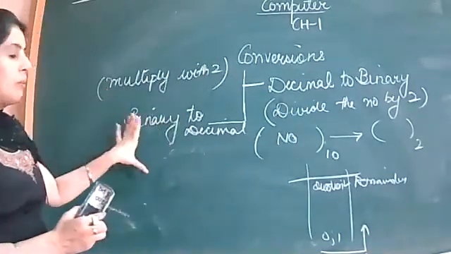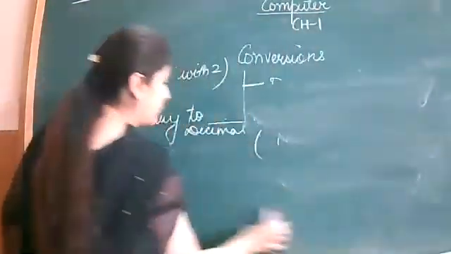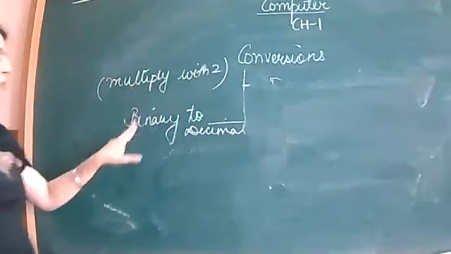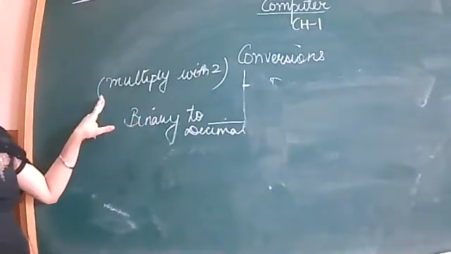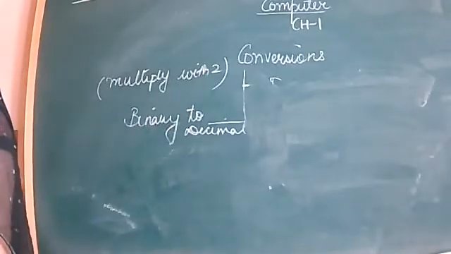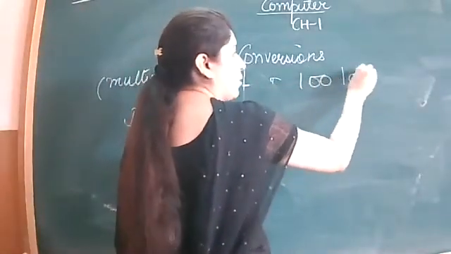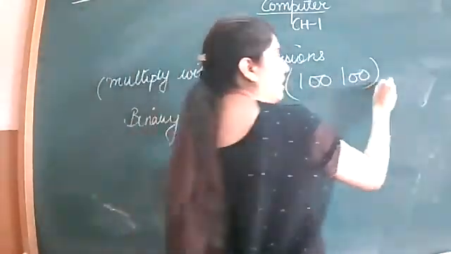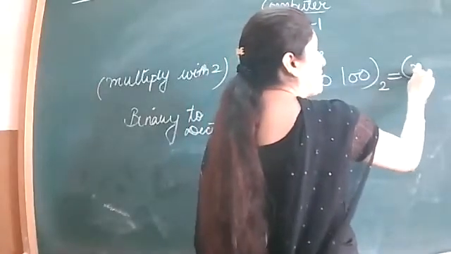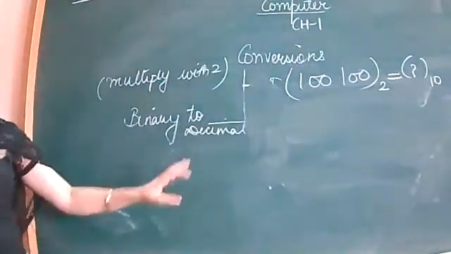Now coming on to the binary to decimal part. As I already told you, in binary to decimal, simply you have to multiply the number with 2. Let's look at method 1. 100100. This is a binary number. We have to find its equivalent decimal number. Clear? So this is the question.